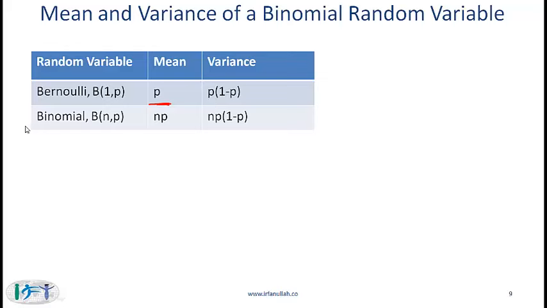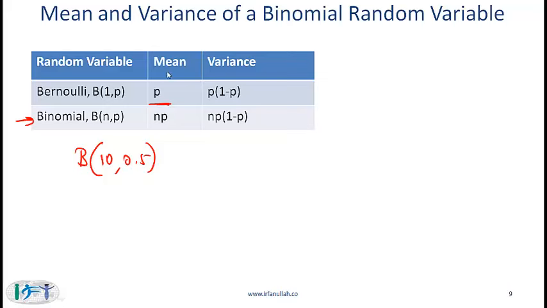The real item we are after is a binomial. So for a binomial random variable, we depict it as B(n, p). When you flip a coin 10 times, this will be written as B(10, 0.5), because you have 10 coin flips and the probability of success is 0.5.